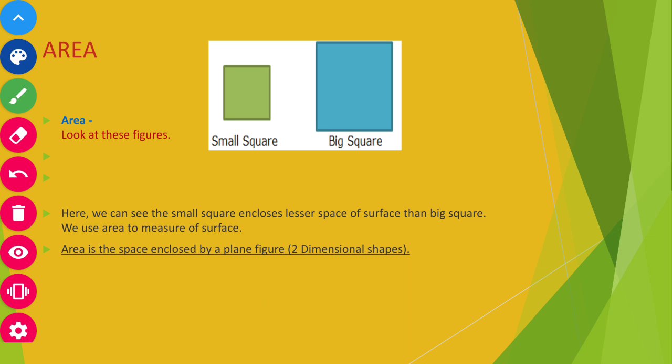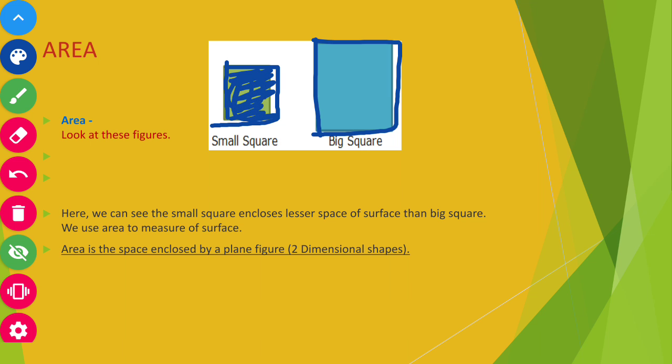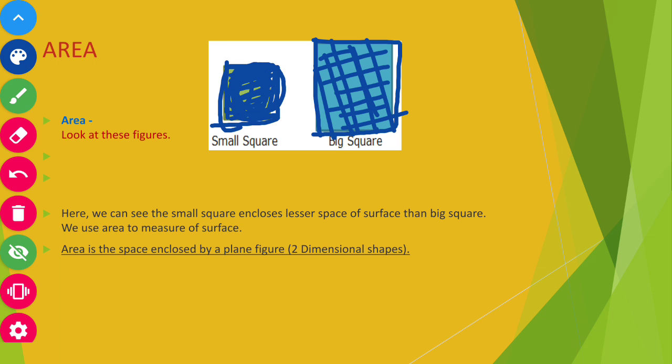The small square encloses lesser surface than the bigger one, isn't it? It encloses a small area, which we call lesser space than this space. The bigger shape has more space when compared to the smaller shape.